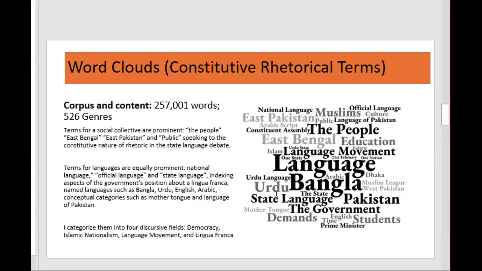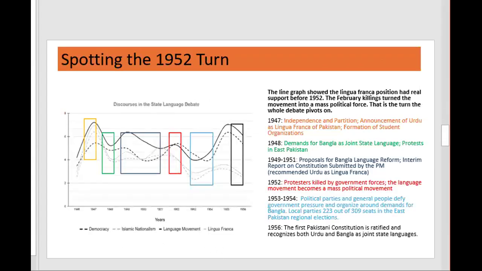Having created these four discursive field patterns or themes, what it allowed me to do is look at the frame of the corpus across the 10 years, because it was categorized by year in terms of publications and records, and see how these themes move through the time frame.